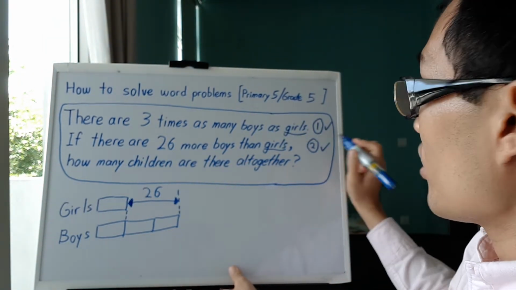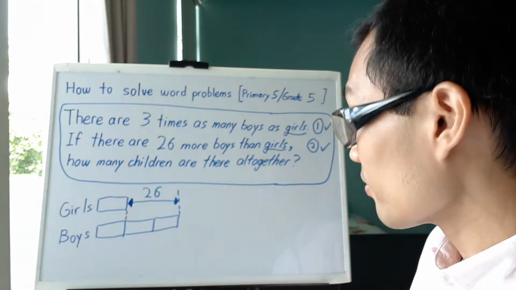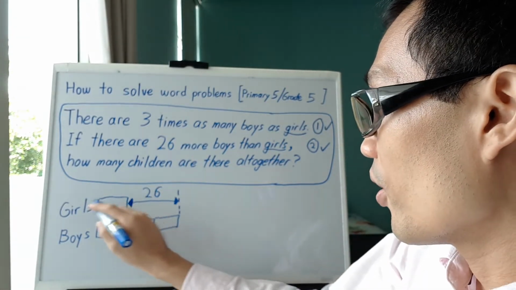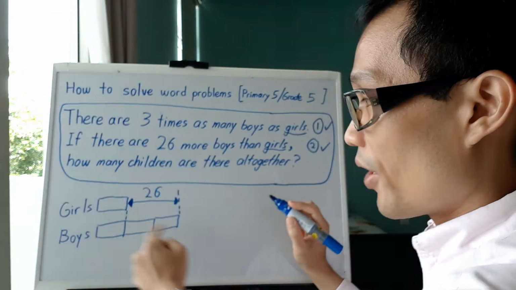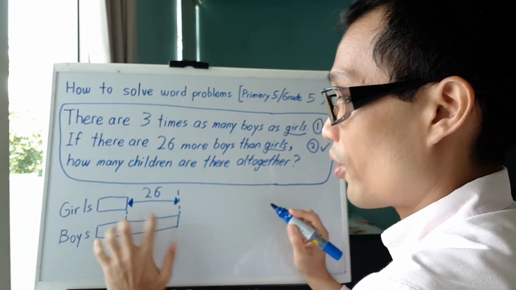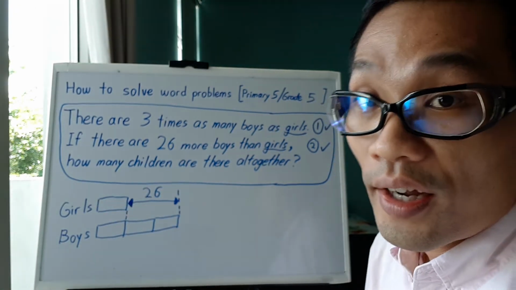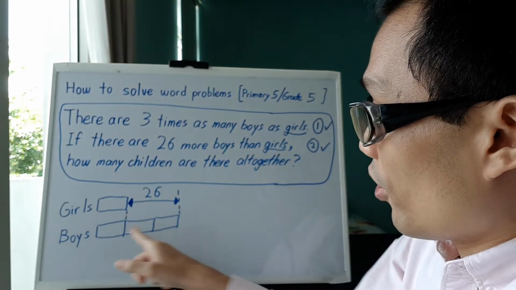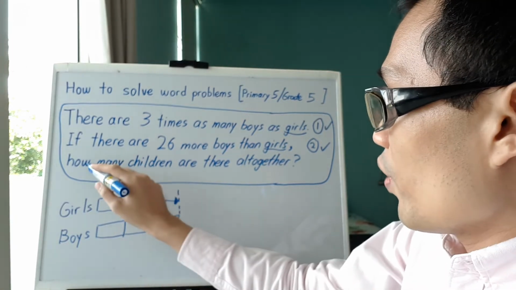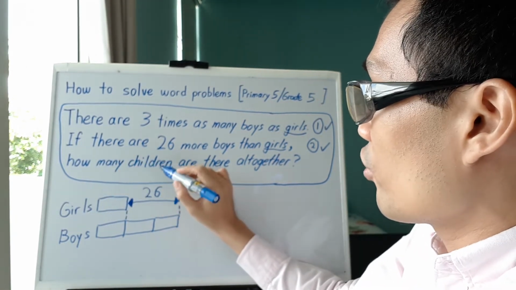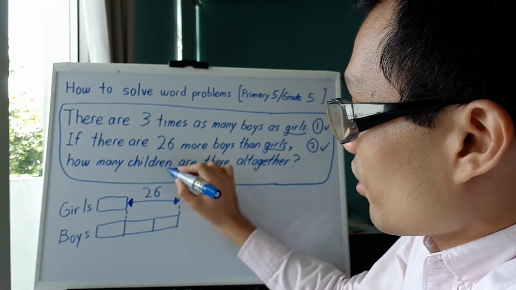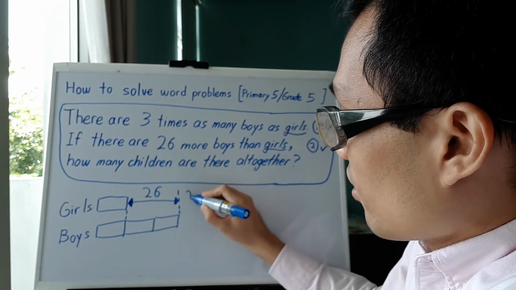So I've solved for the second part. And in the diagram over here, I have sentence 1 in terms of the 3 units for the boys and 1 unit for the girls, and sentence 2, 26 more boys than girls. And we want to solve for the total number of children. So how many children are there? So we have one question mark over here.